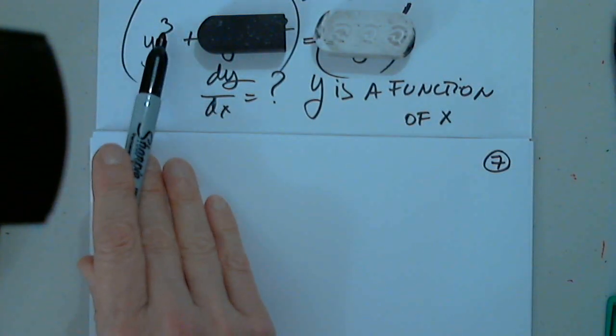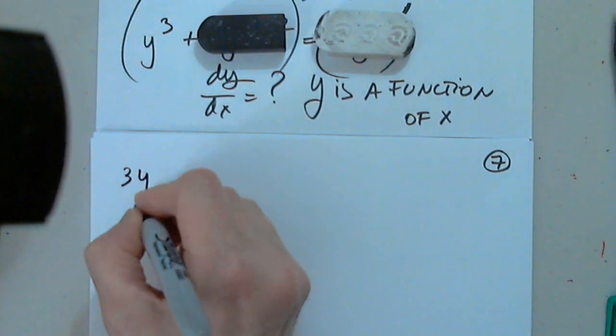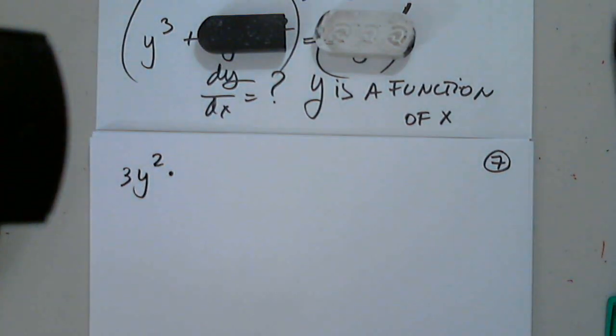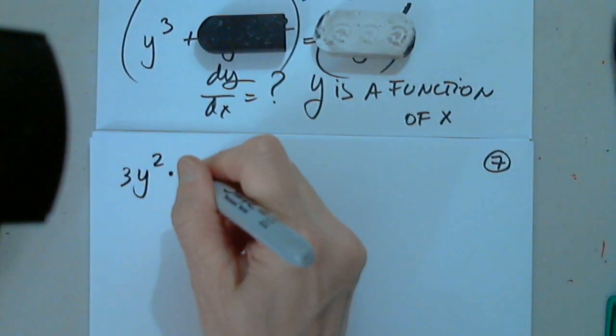A function to the third power differentiated. What do we get? When we differentiate, 3y squared, yes, times, we can never forget that, times the inner function prime.